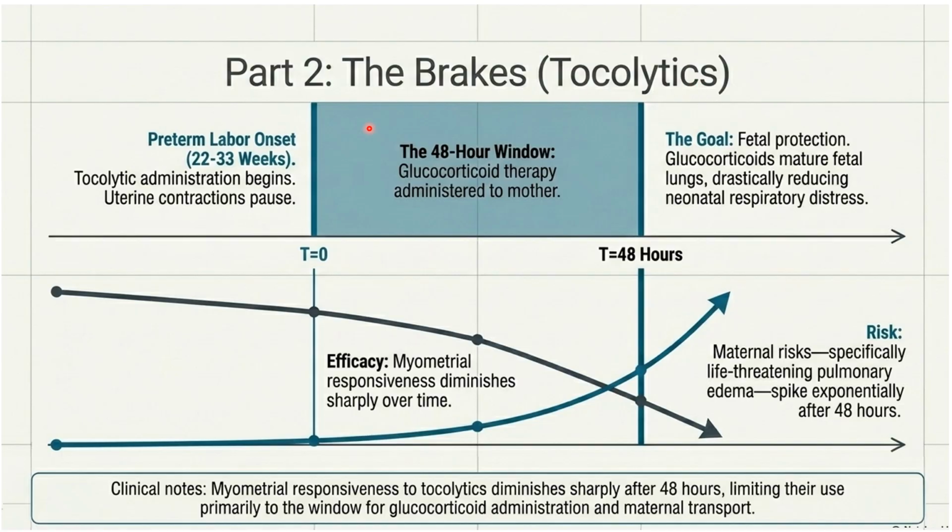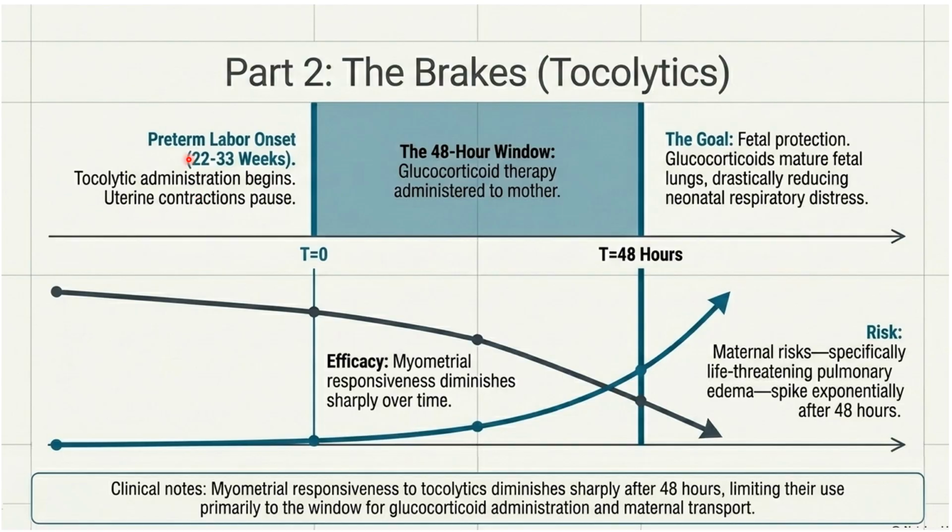They are used actually to stop premature uterine contractions that can lead to preterm labor. Preterm labor is associated with a great risk to the fetus because the organogenesis is not yet complete, especially the lungs and the nervous system.